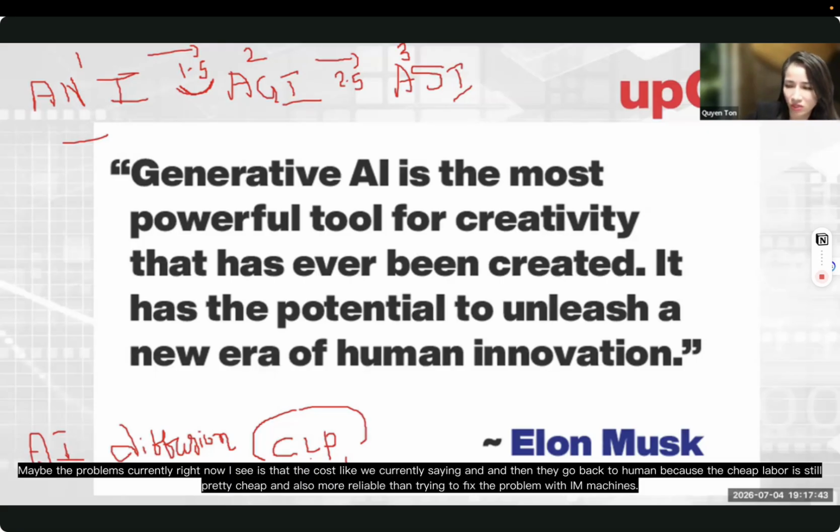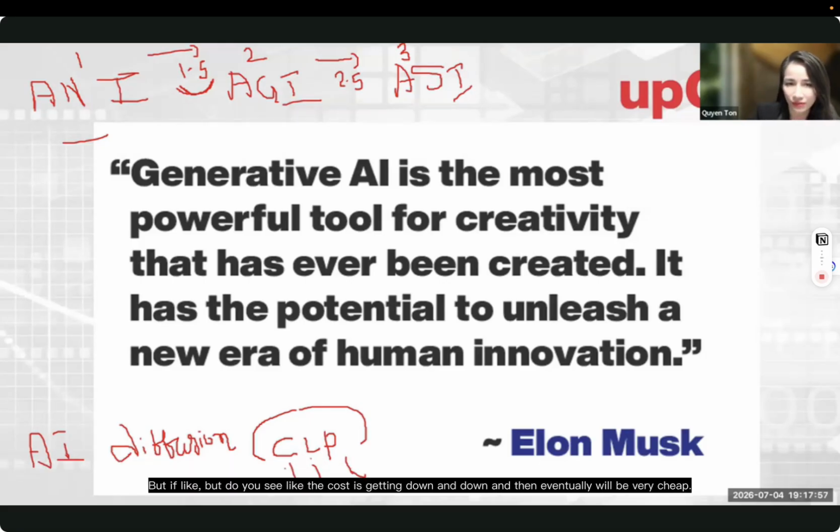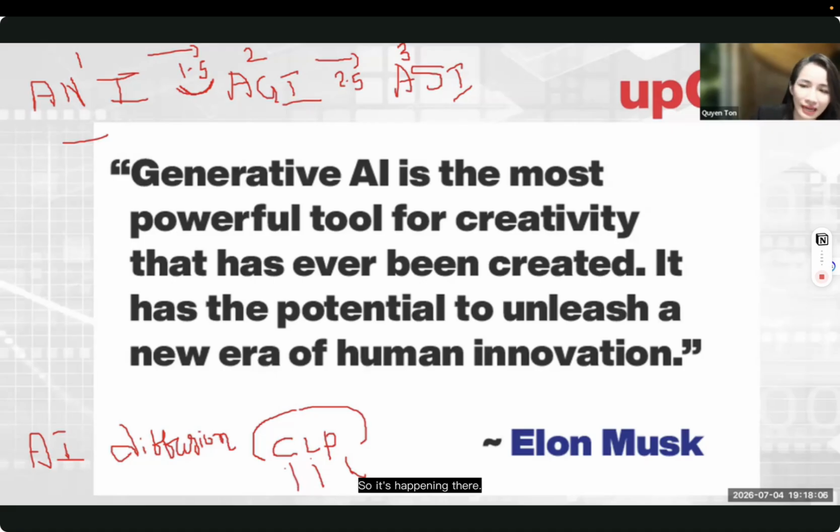Maybe the problem I see currently is the cost, and then they go back to human because the cheap labor is still pretty cheap and also more reliable than trying to fix the problem with AI machines. But do you see the cost is getting down and eventually will be very cheap? So it's heading there anyway. And so what are the top 3 problems that you're trying to solve right now?